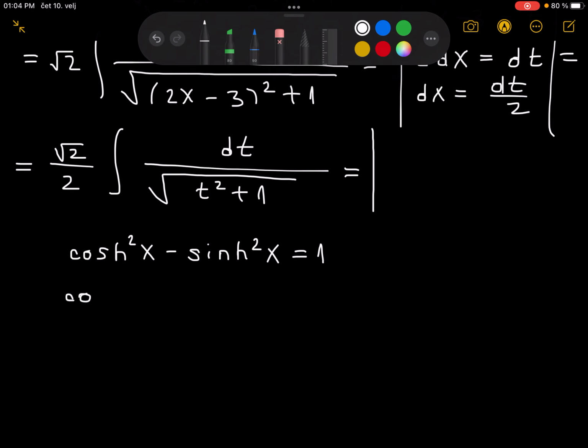So from here we get that the hyperbolic cosine of x squared is equal to 1 plus hyperbolic sine of x, and everything squared. So I'm just going to say that t is equal to hyperbolic sine of another variable, let's say z.